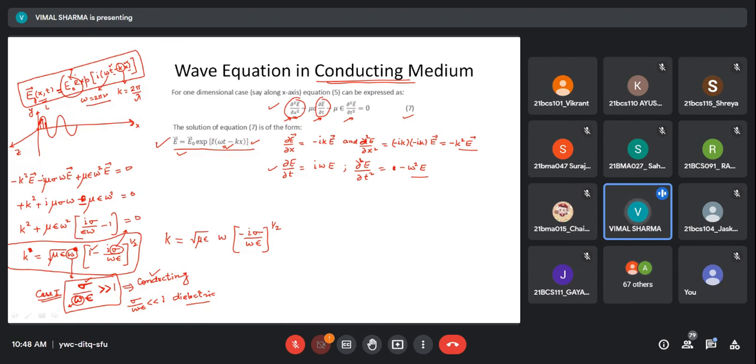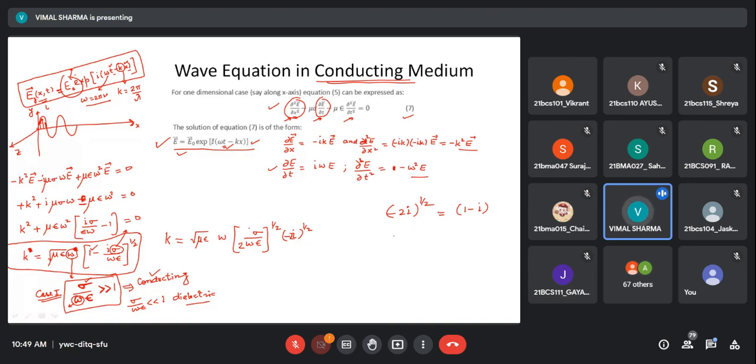I can take this i term out. Let me take this out of this under root, so I have minus iota. Or I do one more thing. Let me multiply this with 2 and this as well with 2, making no change. But what I have is minus 2 iota here under root, which I can write as 1 minus iota.